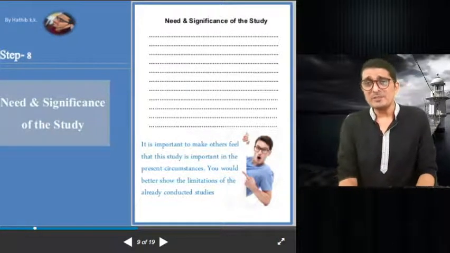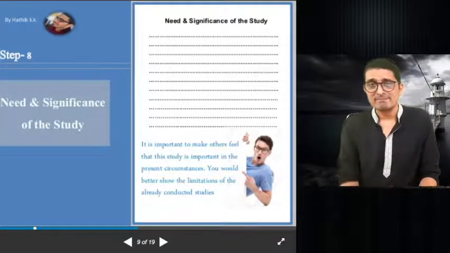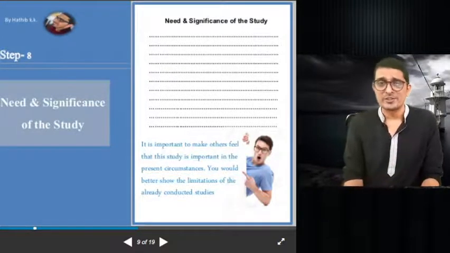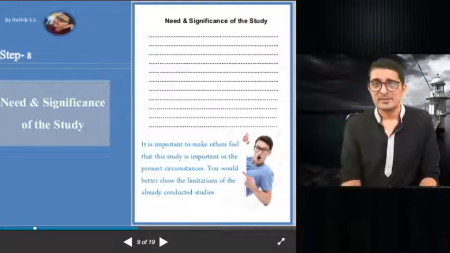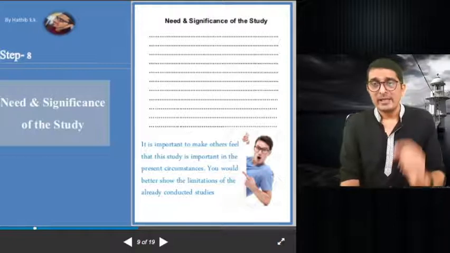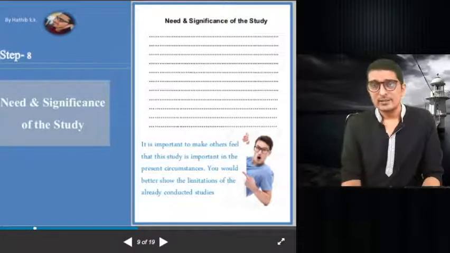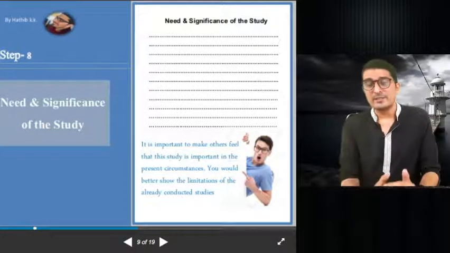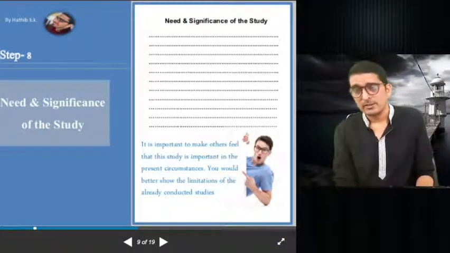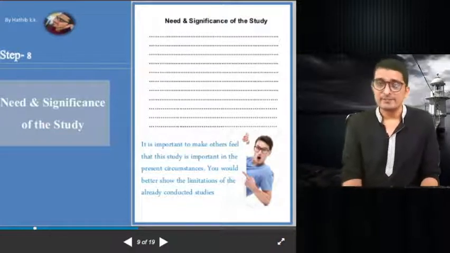But you should be able to prove that there is some need and significance of the study. So you have to look at the present circumstances, and you should be able to argue that the present strategies have got some limitations. So we should make a study.